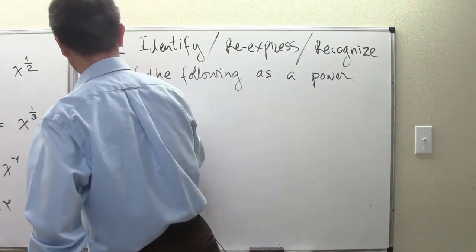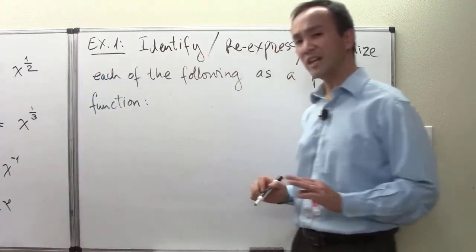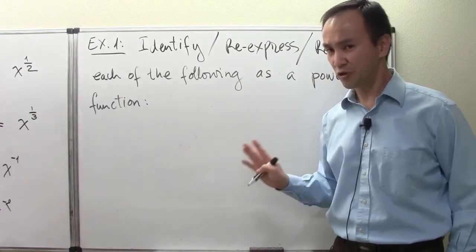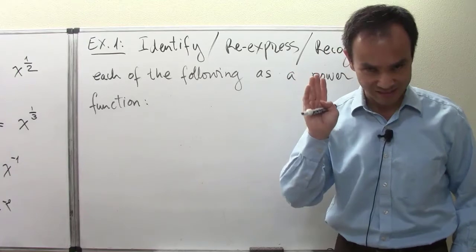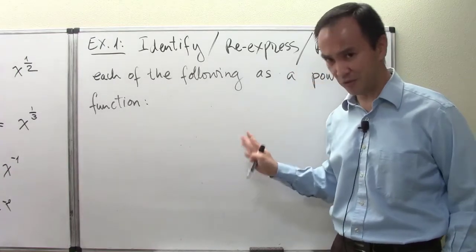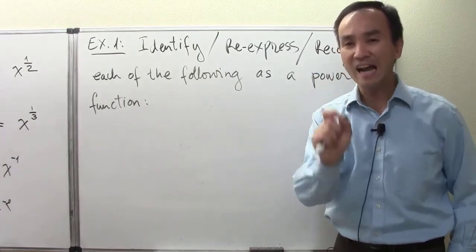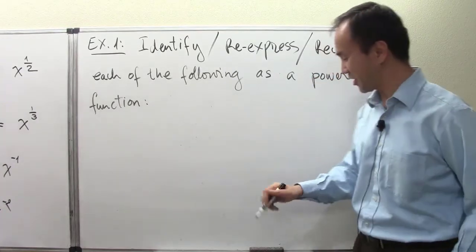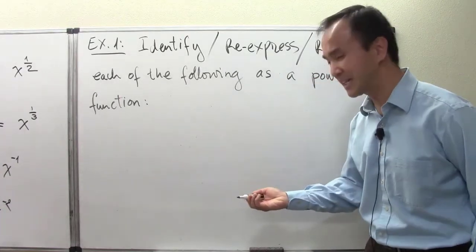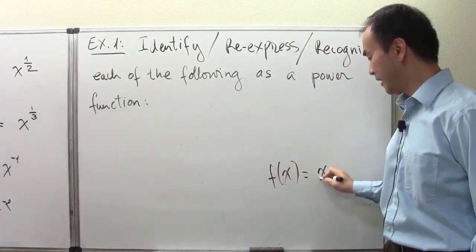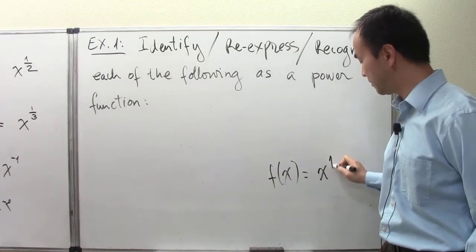We're not even trying to determine if it's a power function, yes or no. Any of the functions I'm about to give you is known to be a power function, but it's written in a form that's out of ordinary. So again, let me remind you what it means to be in the ordinary form here. We just need to simply display inputs as the rule raised to the power p.